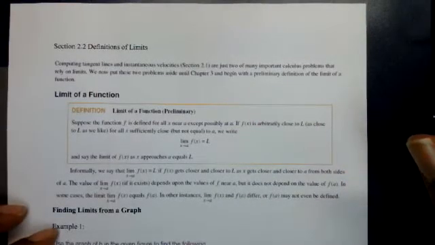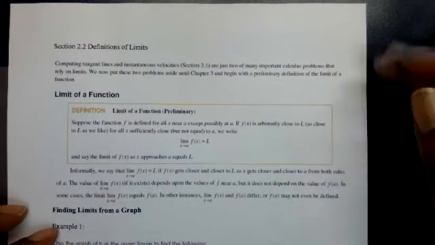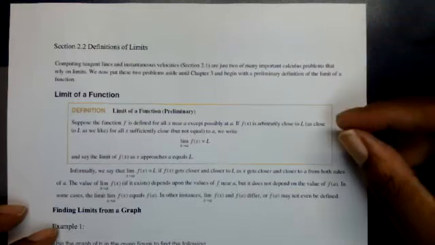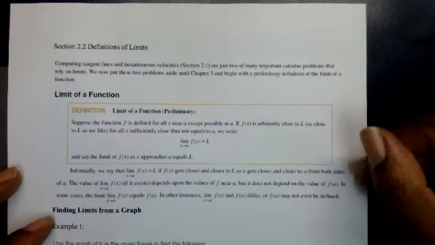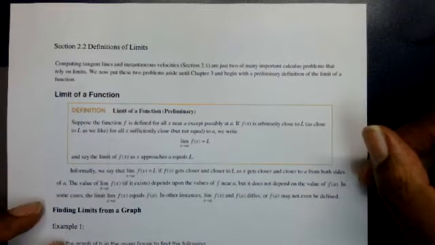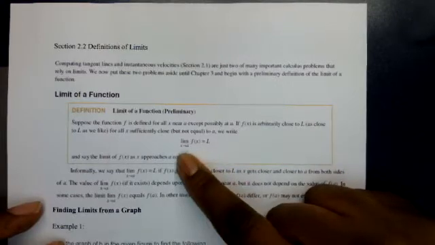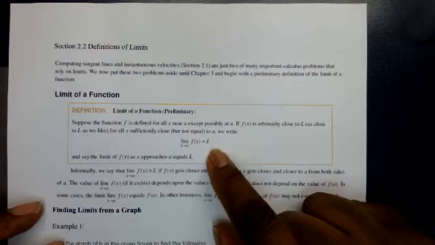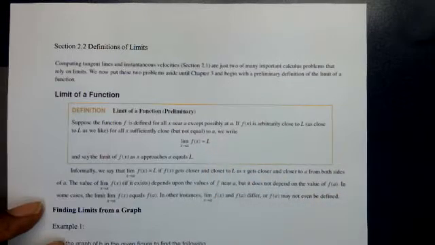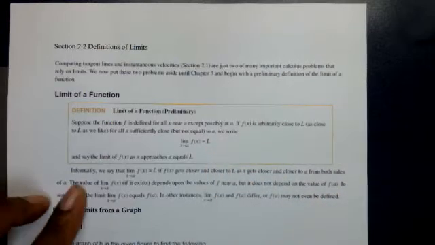Let's say we have the function f, and it's defined for all x near a, except possibly at a. If f of x is arbitrarily close to some value L, as close to L as we like, for all x sufficiently close, but not equal to a, we write this: the limit as x approaches a of f of x equals L. That's how we say it.